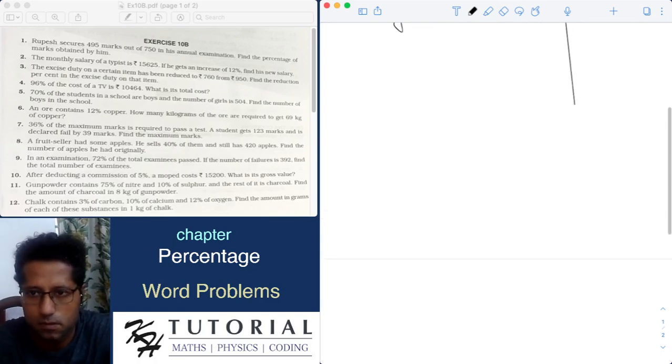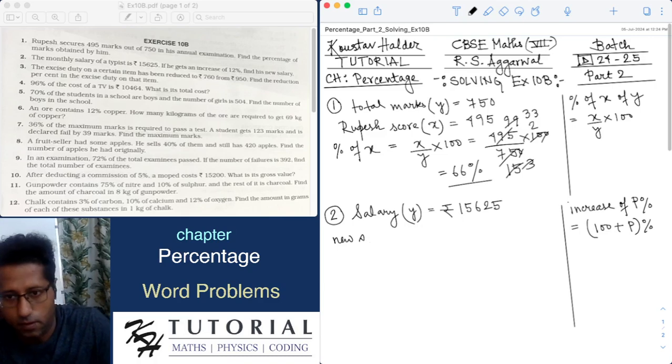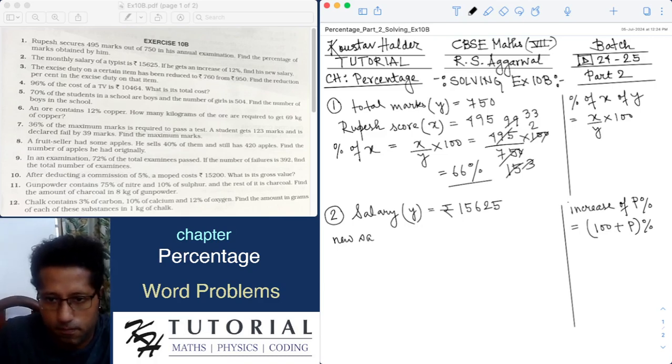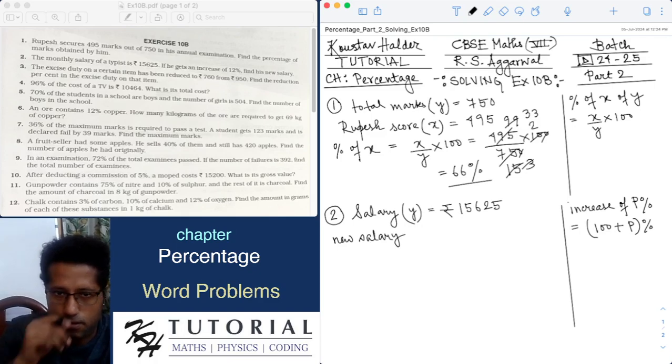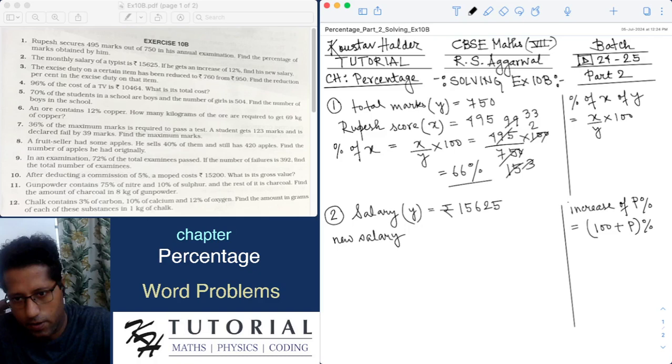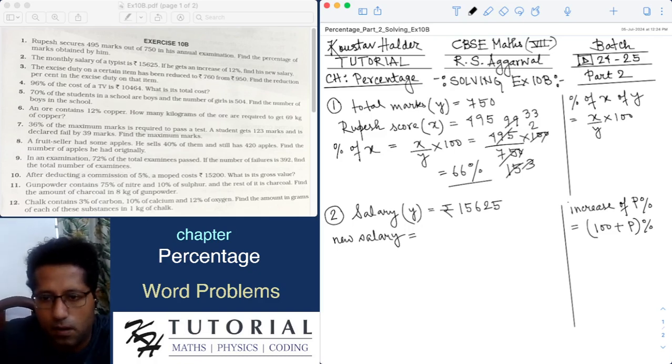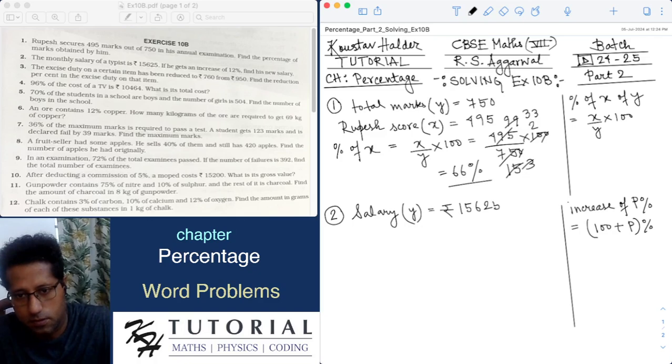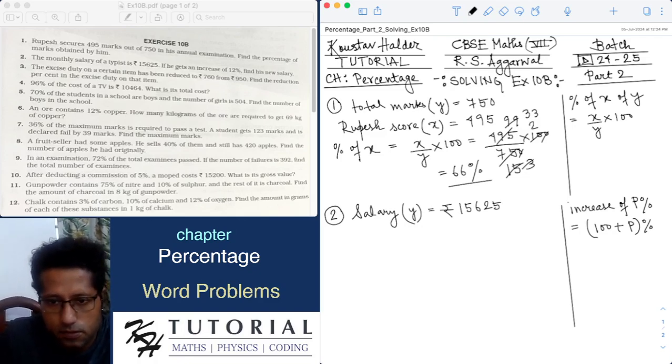The new salary is nothing but the salary after a 12% increase. So let's say new salary will be y dash. First, let's say the increase of salary is given to be 12%.